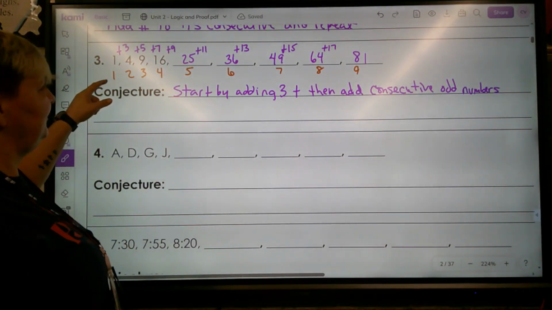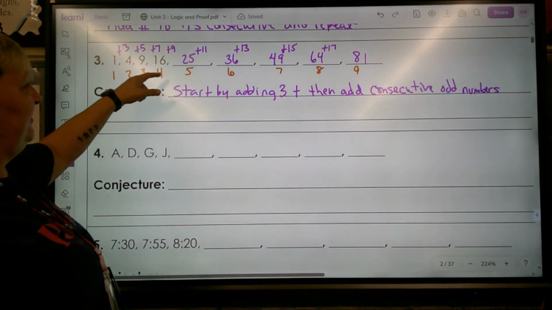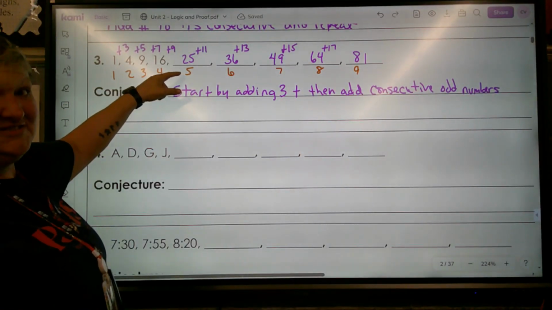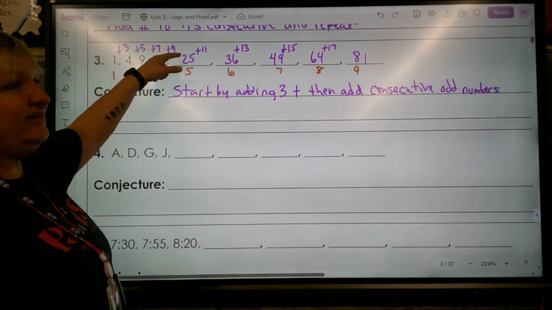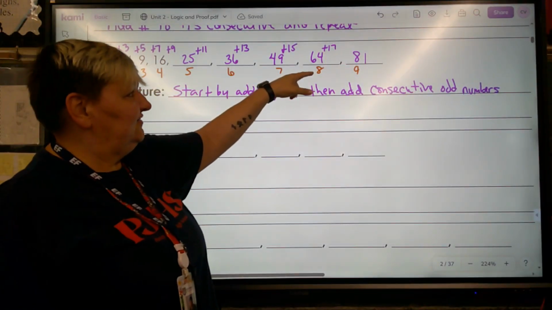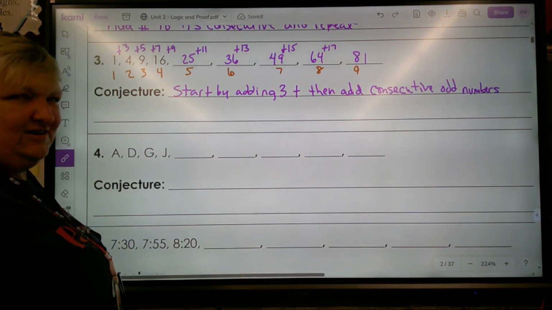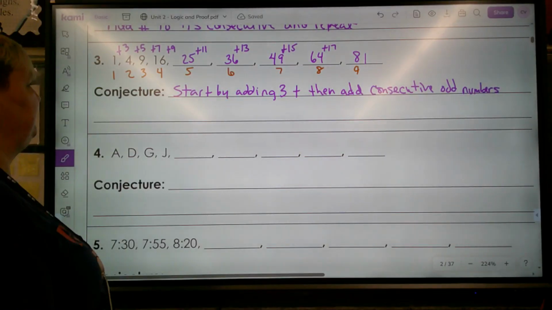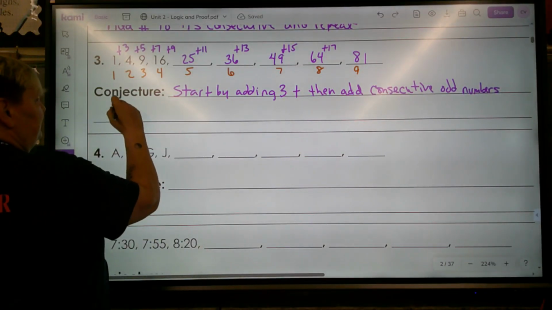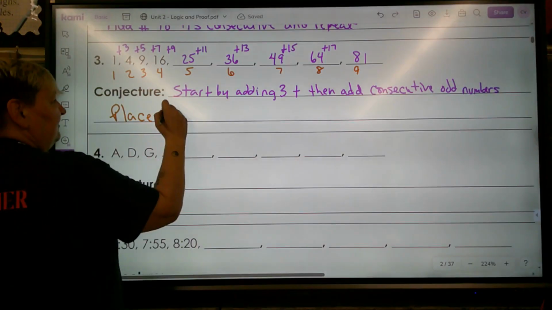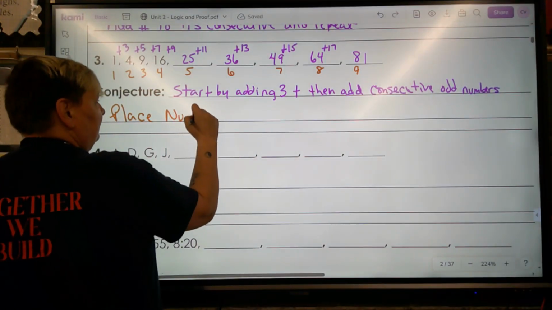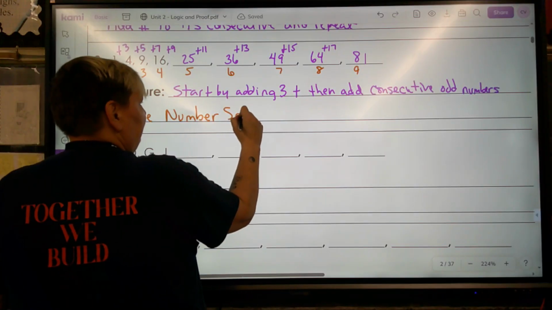Notice anything interesting? Whatever place number it is, squared is the answer. Maybe that would be easier to use. How would you explain that? So, place number squared.